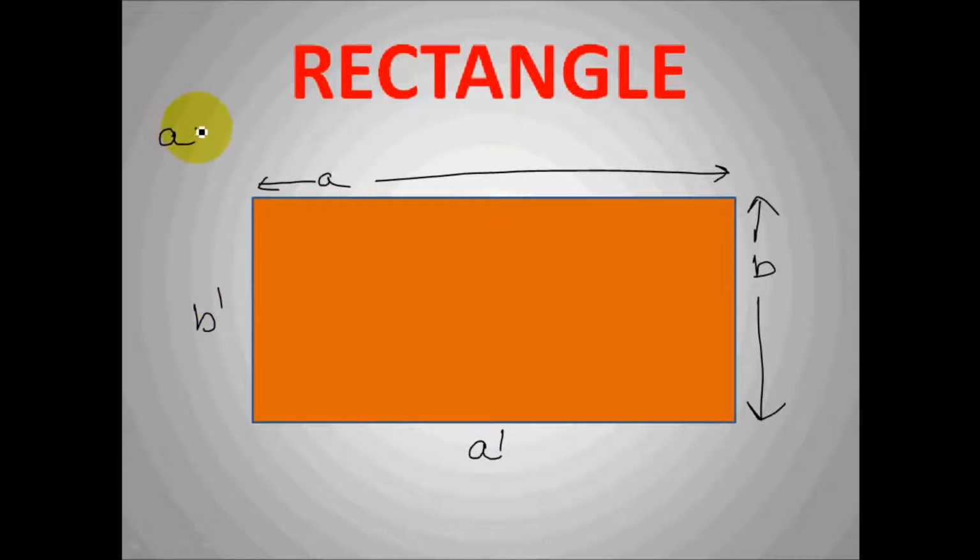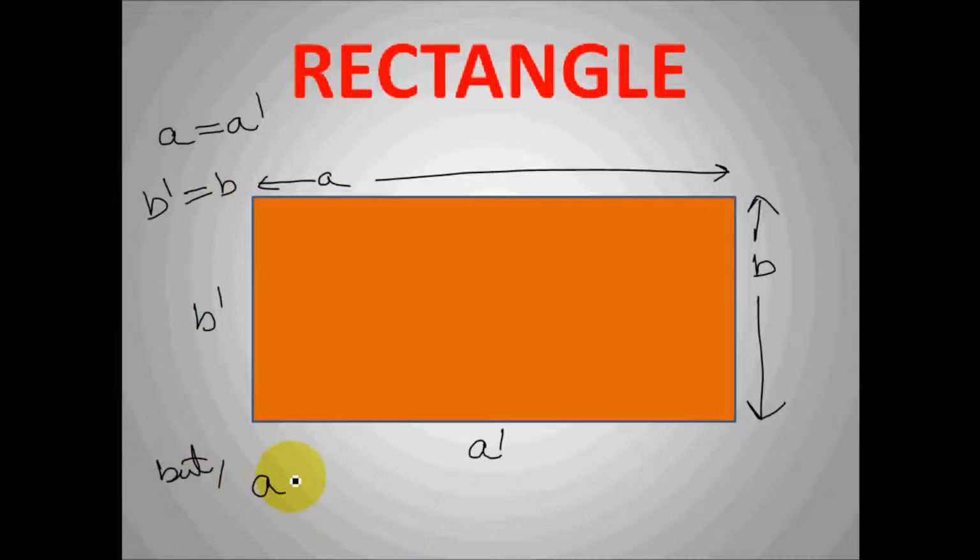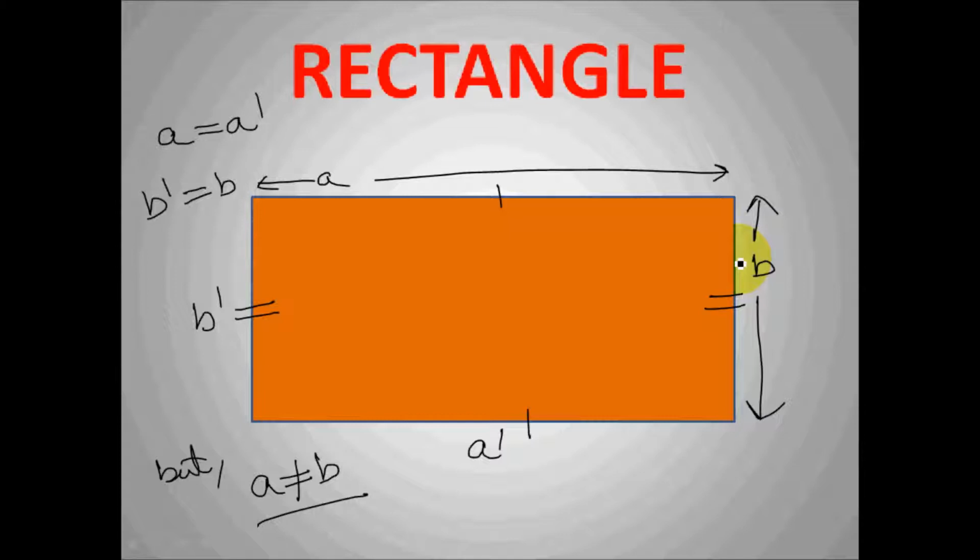Now here A is equal to A dash and B dash is equal to B, but A is not equal to B. So this is equal to this and this is equal to this. So when the opposite sides are equal and the adjacent sides are not equal, then that's called rectangle.